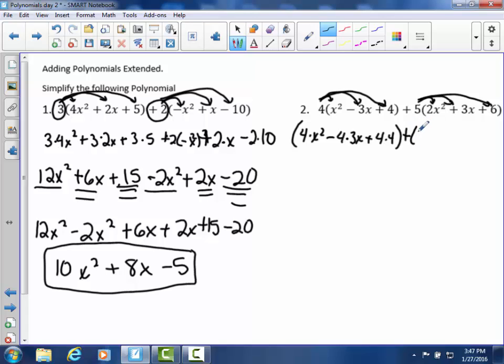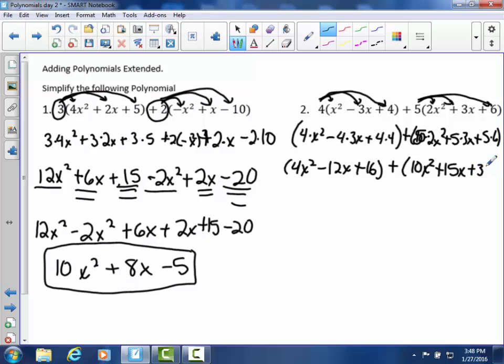So we'll get 5 times 2x squared, which is 10x squared, plus 5 times 3x plus 5 times 6. So now we have 4x squared minus 12x plus 16. And then in the other we have 10x squared plus 15x plus 30.